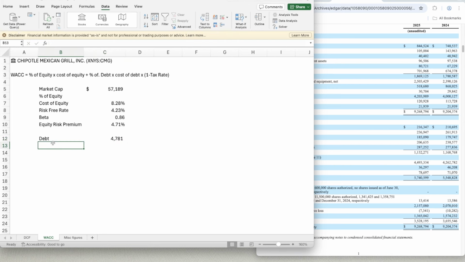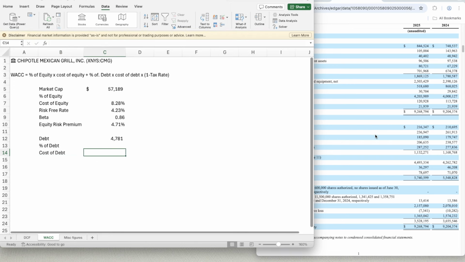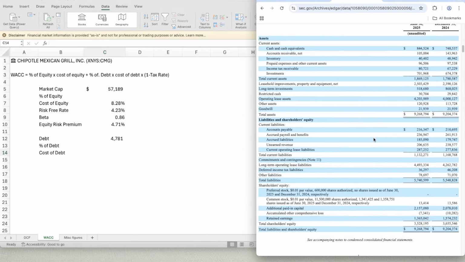And so we need the percentage of debt, but we don't have that yet. Actually, we sort of do, but we'll do the cost of debt first. This is because it's not debt in the traditional sense.